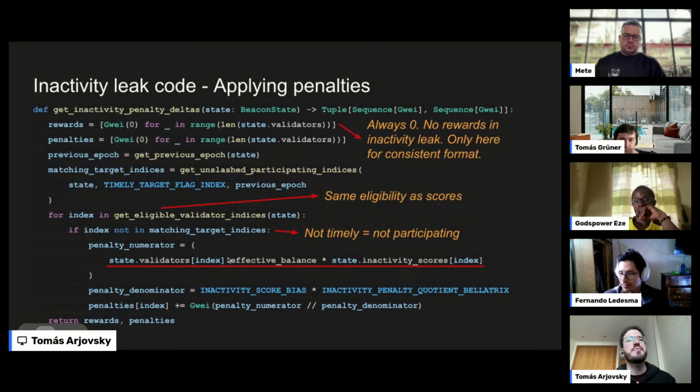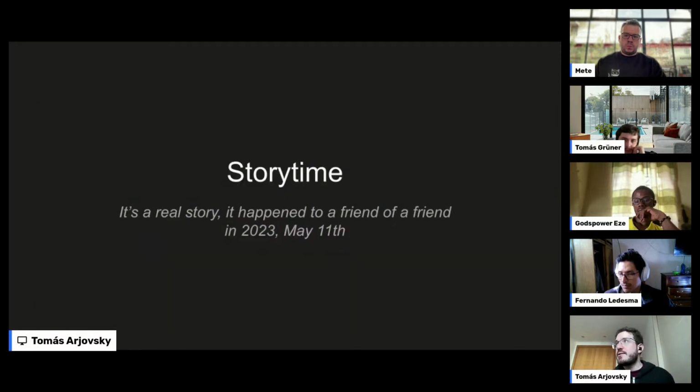I will calculate their balance and multiply that by their score. So basically, I get their balance reduced using their score. And then I will apply the penalty here.